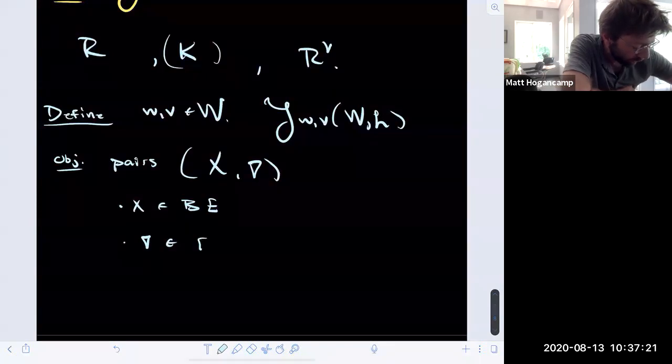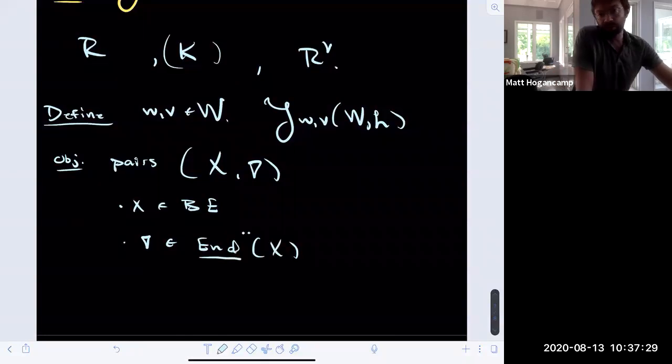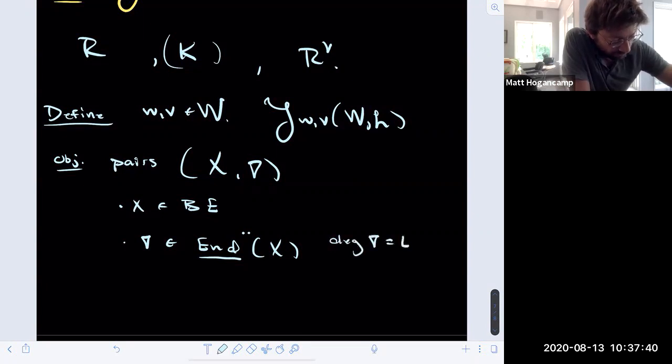Well, so I want to write things in this way. So we take the complex of endomorphisms of X. This is a bi-graded type of object because X is a complex of graded bimodules. So nabla is a differential, which means it has cohomological degree 1 and Q degree 0.